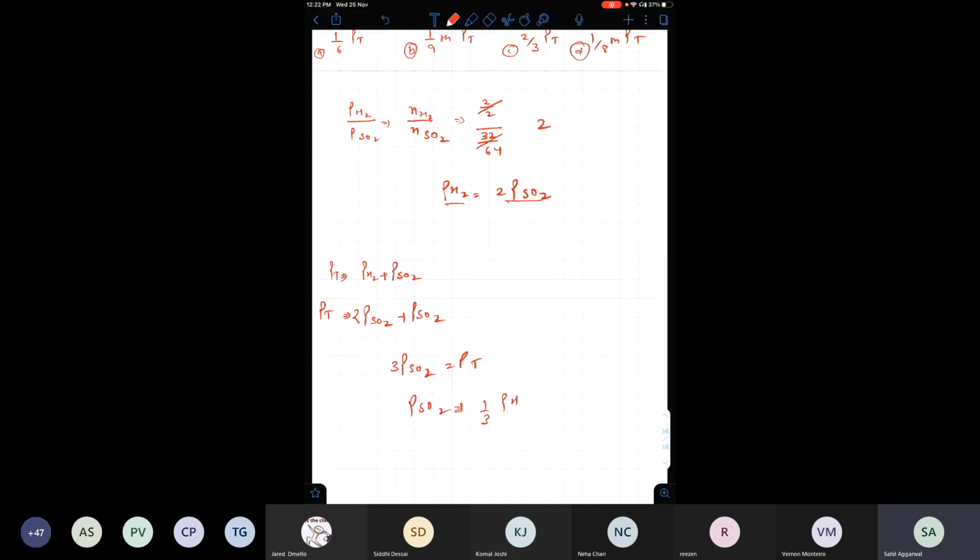So P of H2 will be equal to 2/3 of PT. Understood? Any doubt anyone in this?